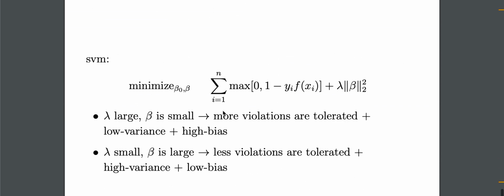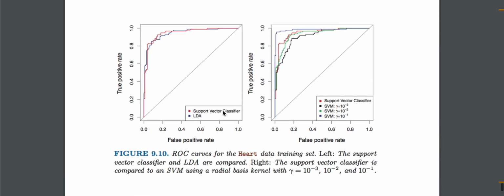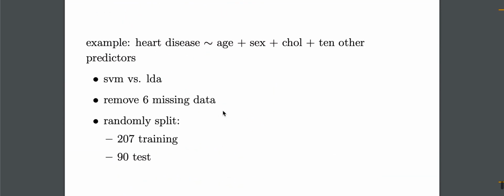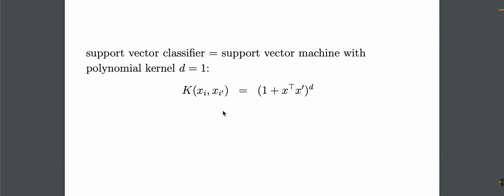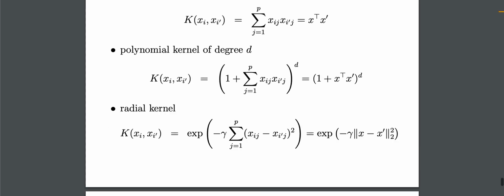So for a radial kernel, this is gamma here. And it's a free parameter that we need to do cross validation over.